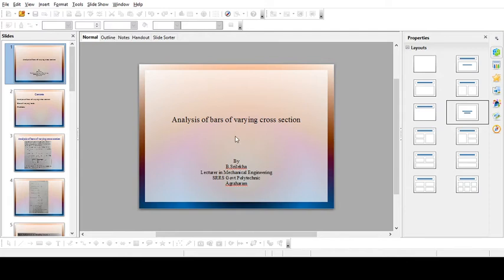A tensile load is applied to the bar so that the maximum stress induced in the material is 50 Newton per square mm. Now determine the magnitude of the load and calculate the total extension of the rod. So for copper, E is equal to 1.03 into 10 to the power of 5 Newton per square mm.